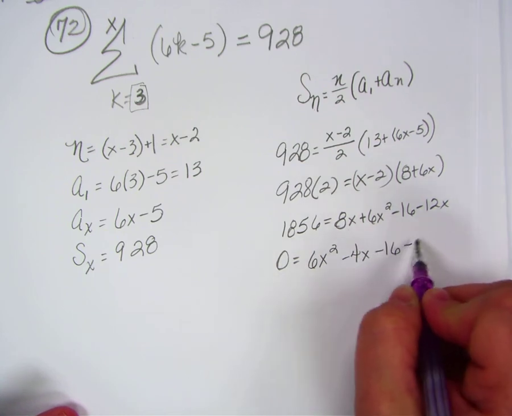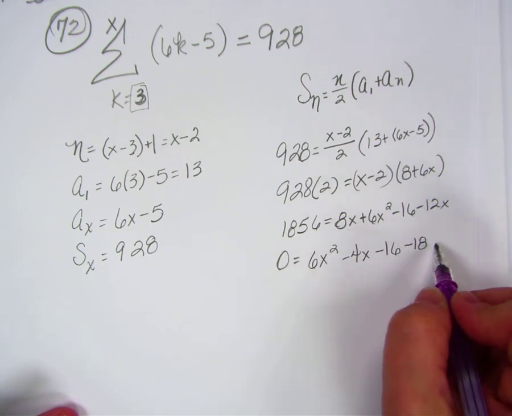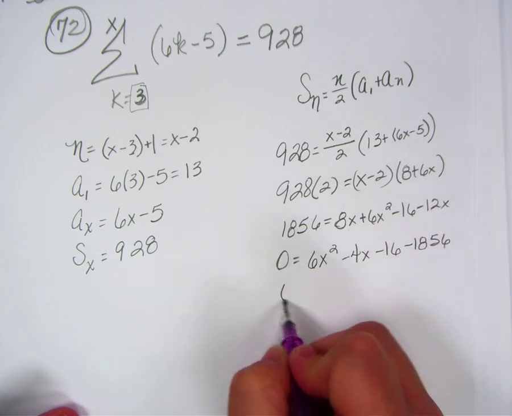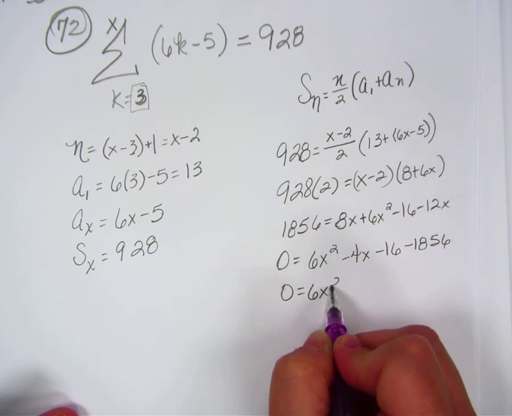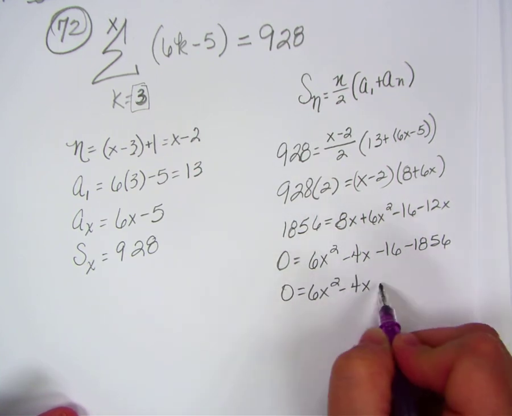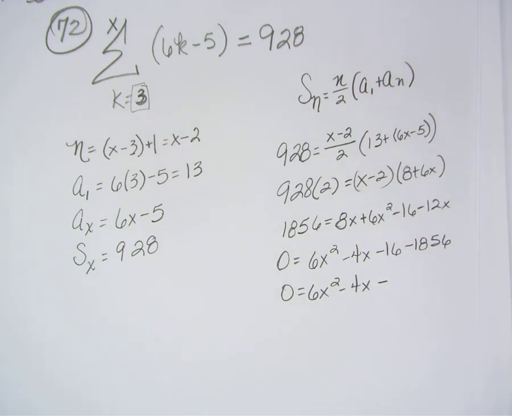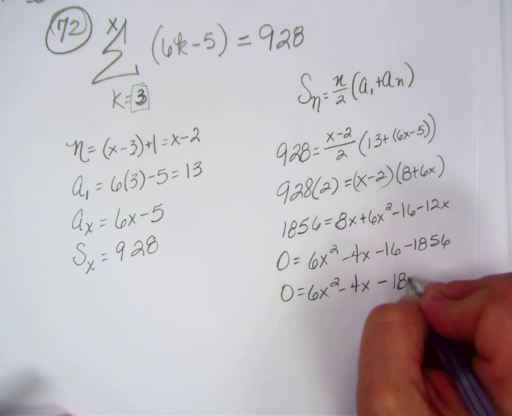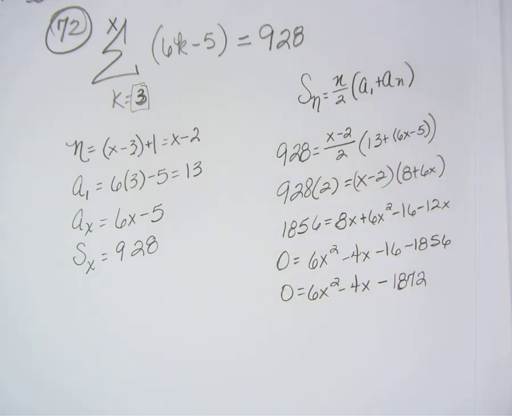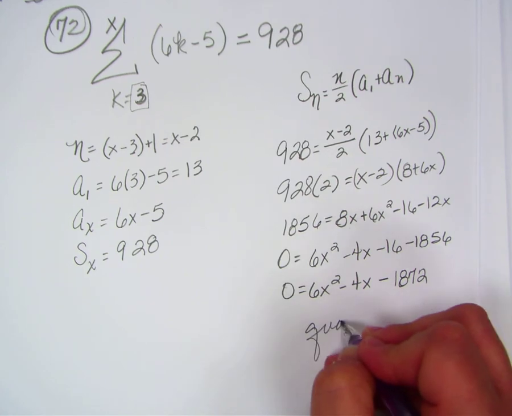Minus 16 minus 1,856. And that's going to be, oops, 1,872. And then from there, I could just use the quadratic formula.